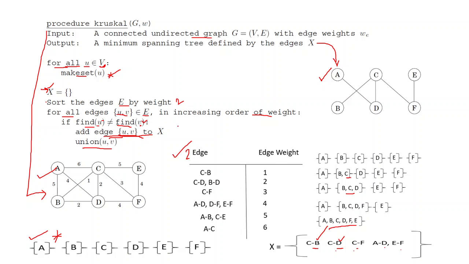For all edges, this and this, this is your union UV. And adding edge UV to X, this is your step. This is the final X that you have got, and this is finally your output. This is the whole walkthrough of Kruskal's algorithm.